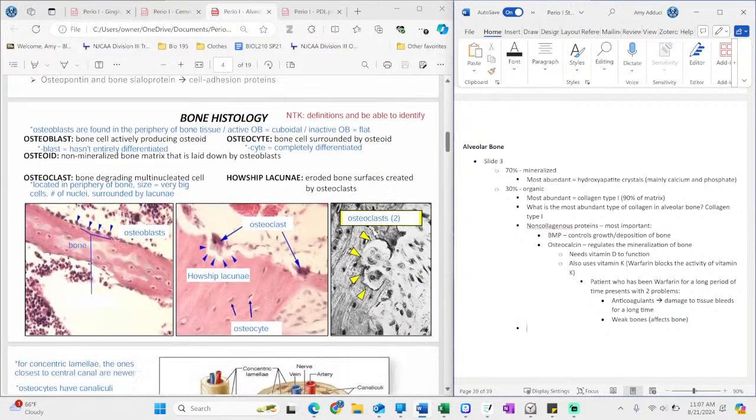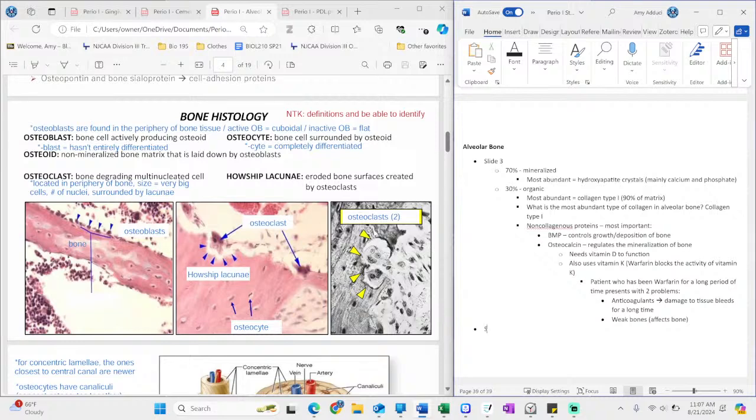So you need to be able to identify bone in a histological section like this, and you have to be able to tell me what cell is this, surrounded by matrix, osteocyte. Cells on the internal periphery of bone or a trabecula of bone, two possibilities, osteoblast or part of the endosteum, which then there might be some fibroblast involved there.